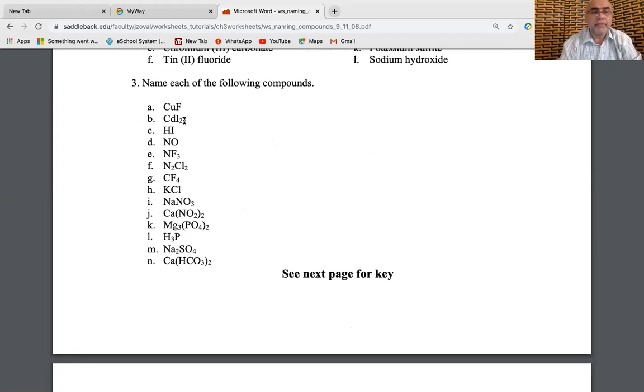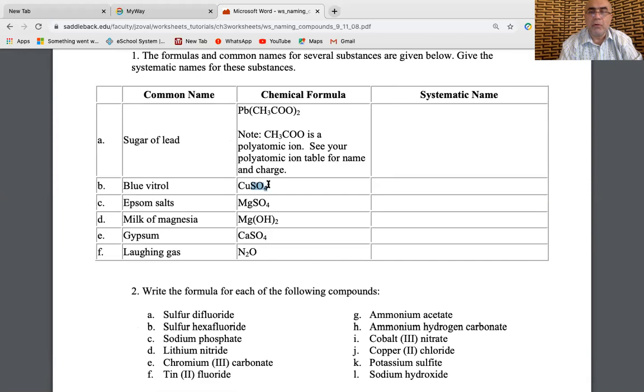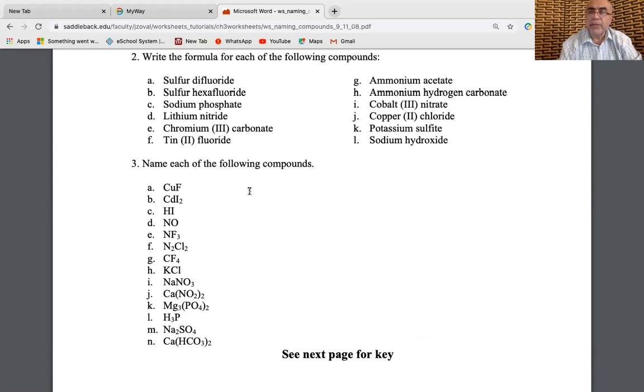Question number 3, CuF. To remember, in CuSO4 we said copper(II), and I told you there is another one, copper(I). Copper, and F here is fluoride. But when you check fluoride, which group? You will find it in group 17 or 7A, -1.